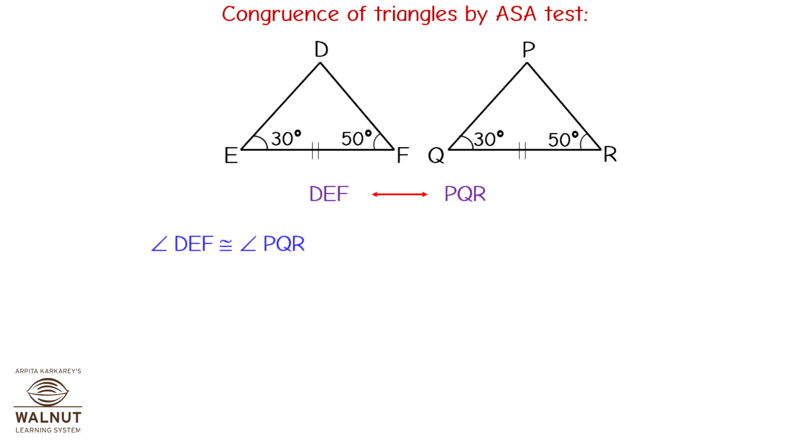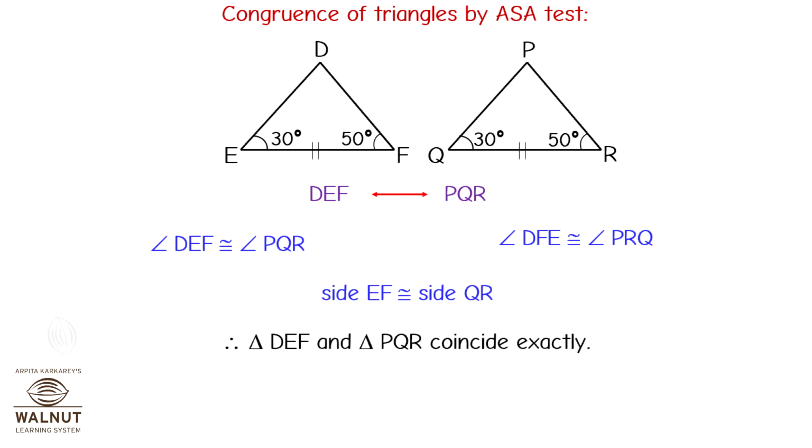Therefore, angle DEF is congruent to angle PQR. Angle DFE is congruent to angle PRQ. Side EF is congruent to side QR. Therefore, triangle DEF and triangle PQR coincide exactly. Therefore, triangle DEF is congruent to triangle PQR by ASA test.